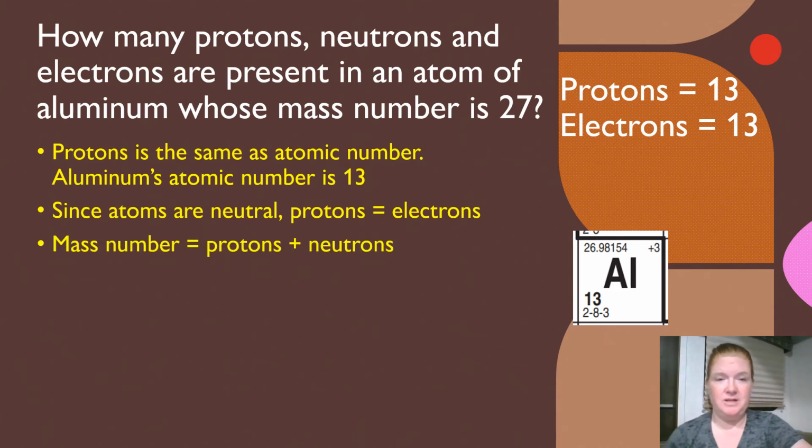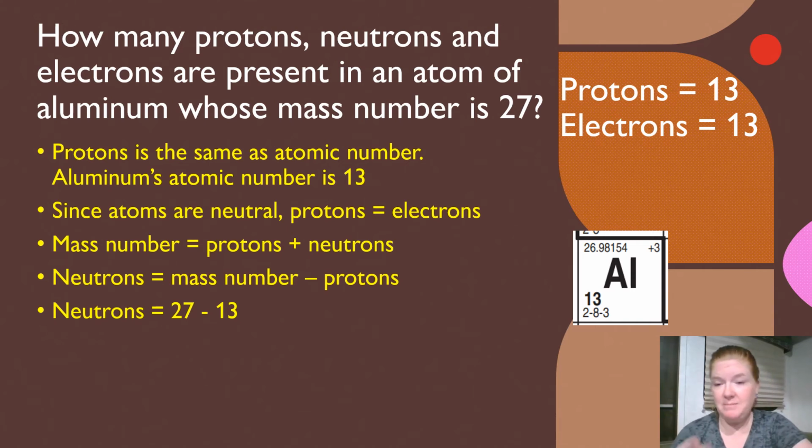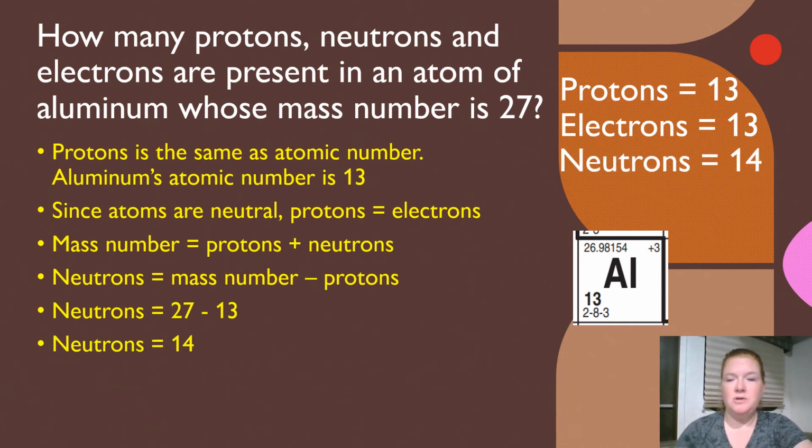The mass number is protons plus neutrons. So neutrons, you take mass number minus protons. So in this case, it would be 27 minus 13. So the number of neutrons is 14. And 13 protons plus 14 neutrons equals 27, which is the mass number.